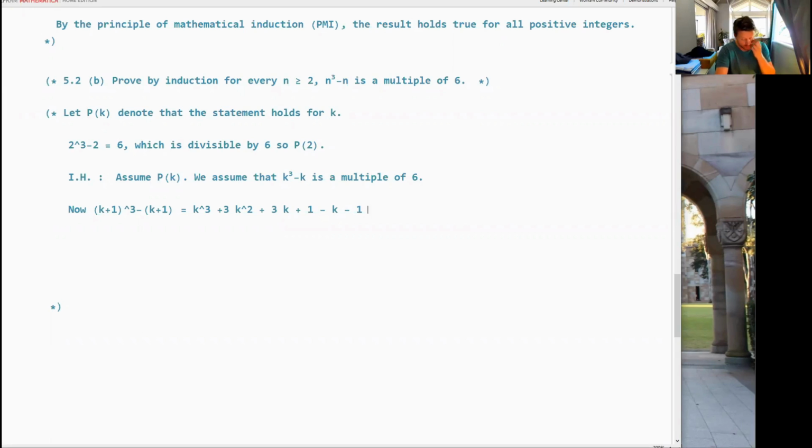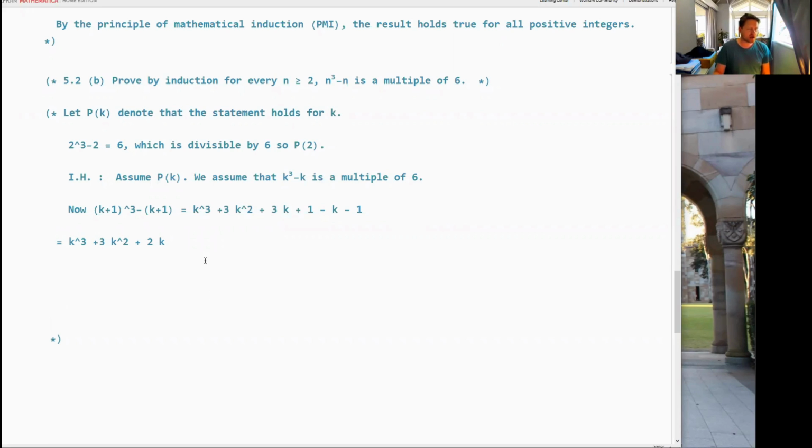Now we want to simplify this. So what can we cancel here? We've got a 3k and a minus k, so this will become a 2k, and 1 minus 1 is 0, so we can get rid of this.